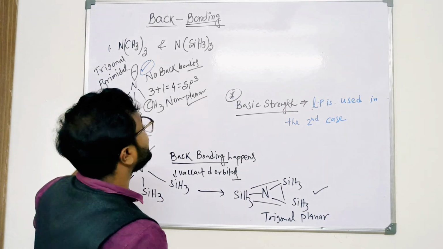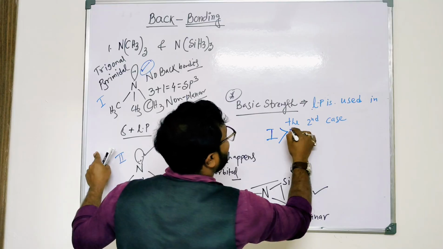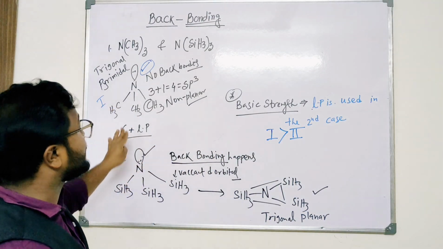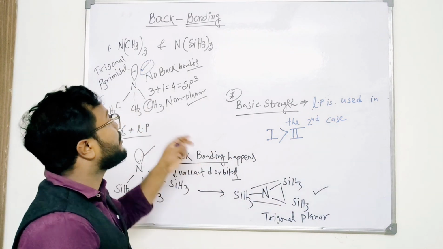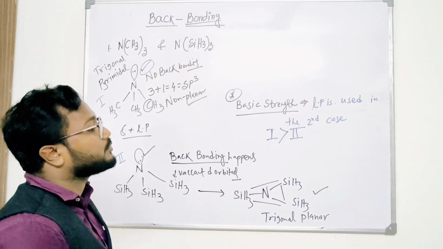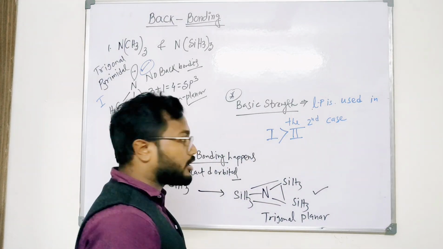As the lone pair is unused, regarding basic strength, 1 is a better base than 2. So you have seen how back bonding affects the planarity of the molecule and the basic strength of the molecule. Another concept we will take is regarding bond length and bond order of a molecule.